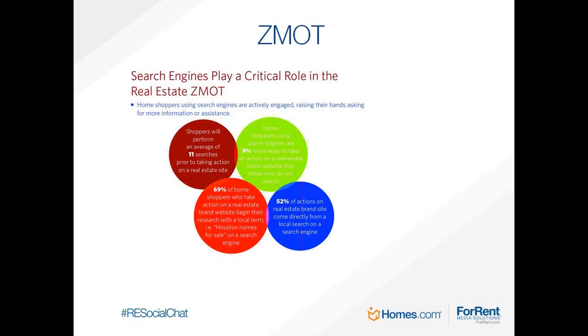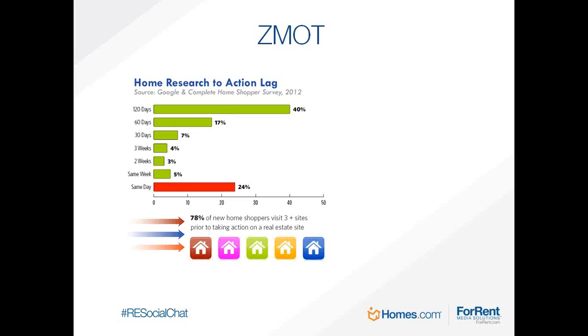This chart just goes to show that most home shoppers take anywhere between 60 to 120 days to take action, and the majority of these shoppers are visiting maybe 3 or more sites before taking that action. So I want you to think about that for a second, because knowing that home shoppers are not just visiting only your site, don't be naive, people. People have no loyalty when it comes to the social space, so you have to make sure that your website is on point when you want that shopper to take action with you, because guess what?